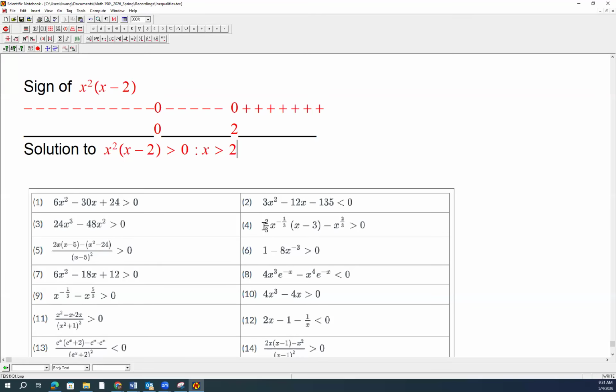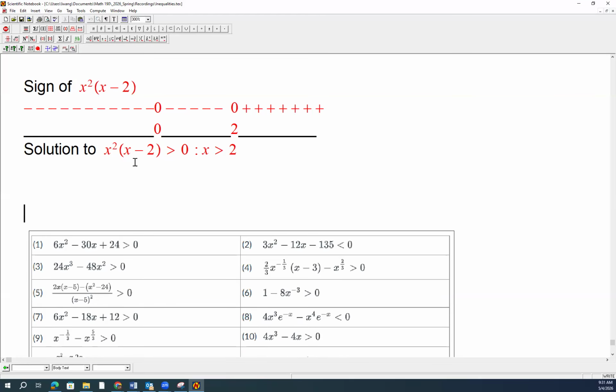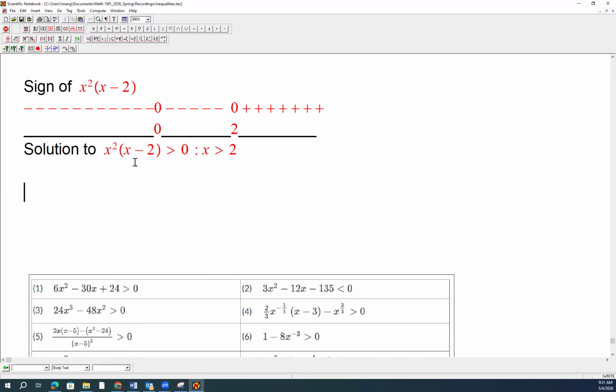Okay, let's take a look at number 4. Number 4 has its inherent complexity because it has a cubic root, right?